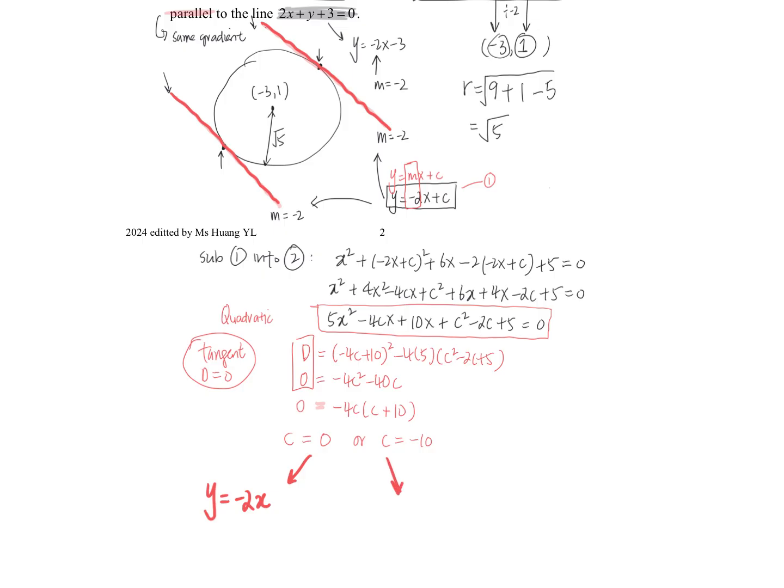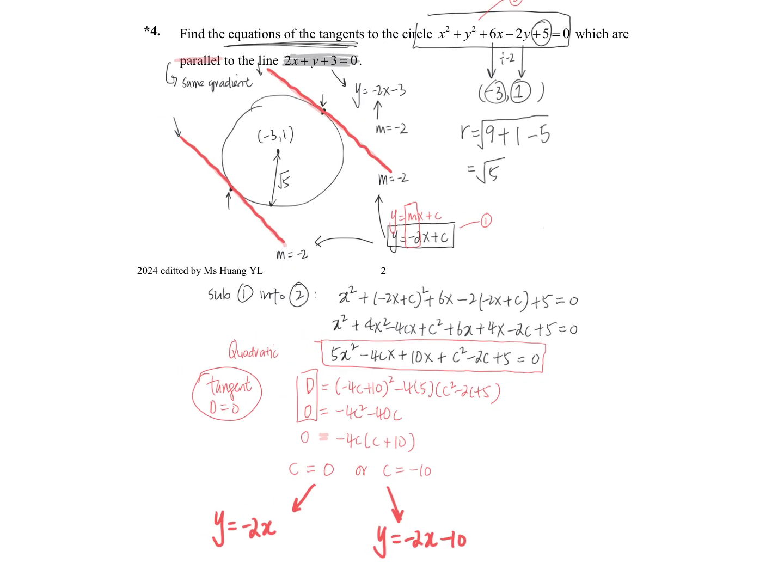This one tells me that it is y equals mx minus 10. So I have two equations. One here, then the other one here. So the answers are y equals minus 2x and y equals minus 2x minus 10. These are the two equations I'm trying to solve.